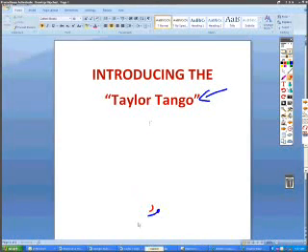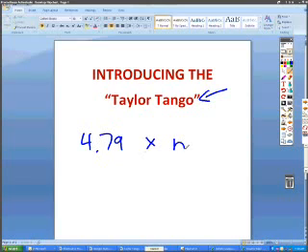Now you're going to see a problem like this on occasion where you have 4 and 79 hundredths times n. Okay, now we have a constant times a variable. You can't work the problem as is, but if they say that n is equal to 6 hundredths, we could work it out.